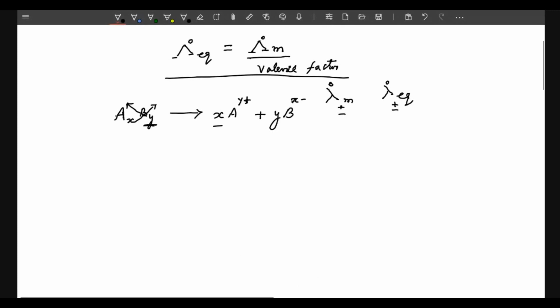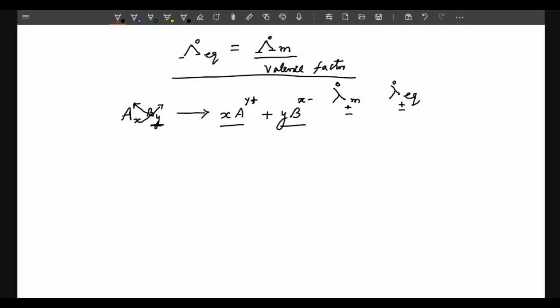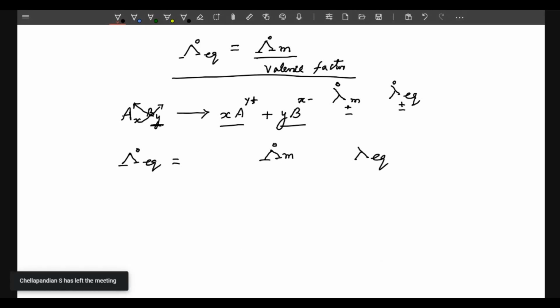After ionization, what would be the conductivity of the ions, or the equivalent conductance? They may ask you to calculate the equivalent conductance, or you may be asked to calculate the molar conductance. It is possible to calculate both.